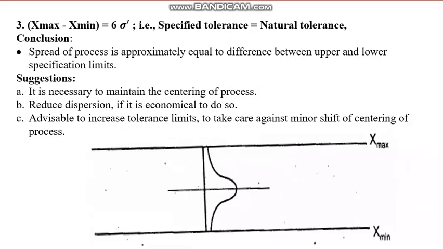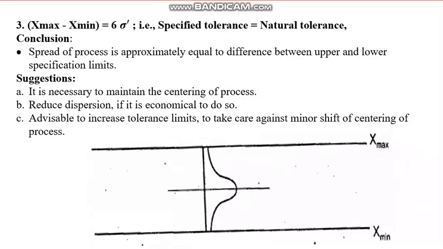Then you can reduce the dispersion if it is economical and feasible to do so. If you can compress the bell-shaped curve that you are getting, you do it. Then it is advisable to increase the tolerance limits to take care of minor shifts in the centering of the process.